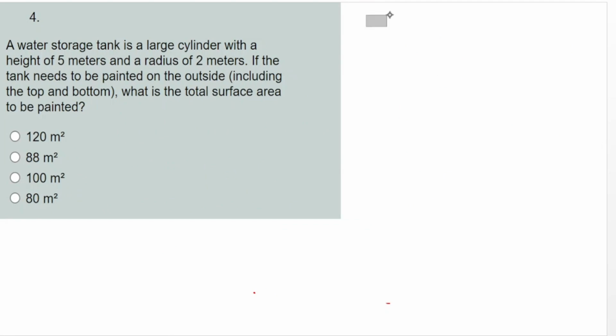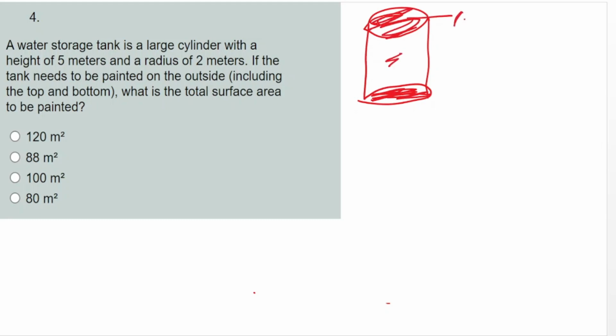We have the tank here. So you're now painting everything, both the bottom and the top and the curved part. So we're going to have pi r squared, 2 pi rh, then pi r squared.